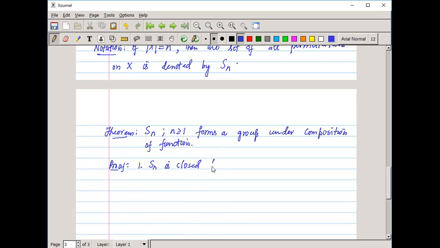Sn is closed because, given any two bijections or permutations f and g in Sn, then f of g and in fact g of f is also a permutation.